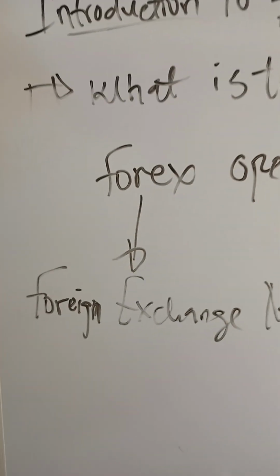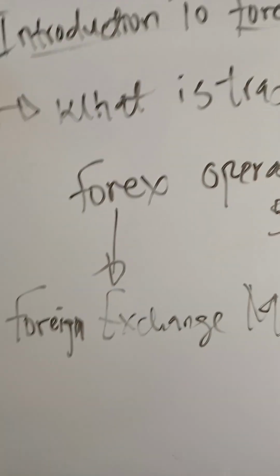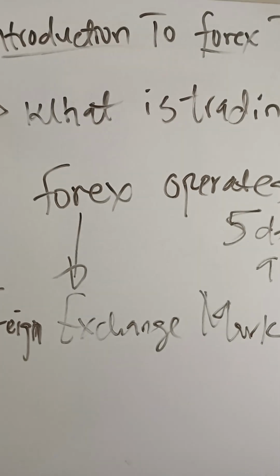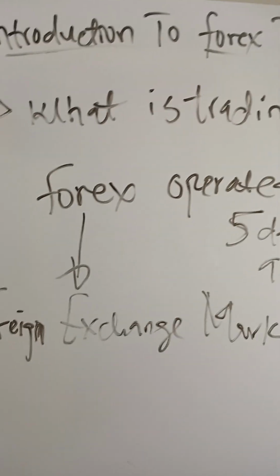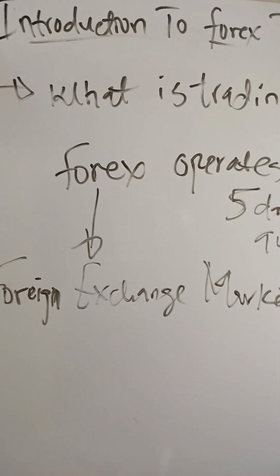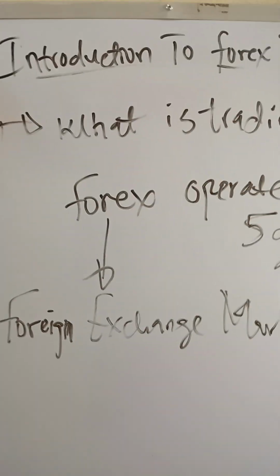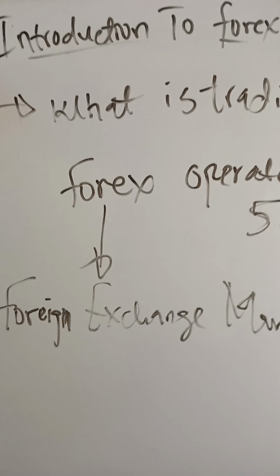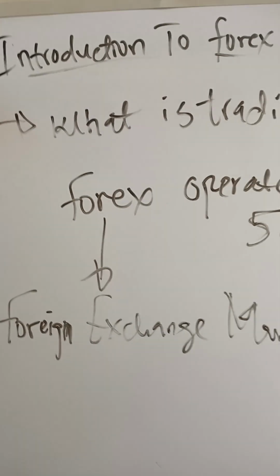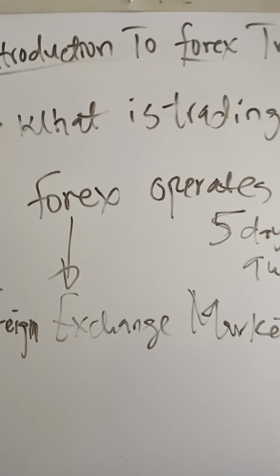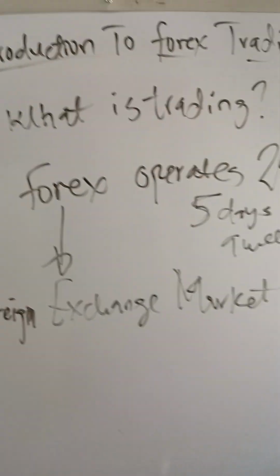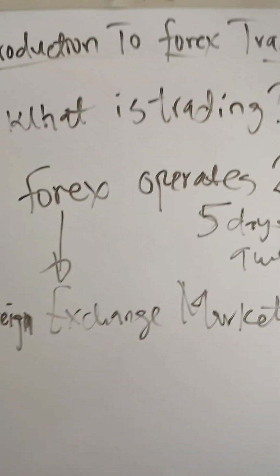Forex is a market where people exchange the currency of a particular country with the currency of another country to do business internationally. I will explain again: the foreign exchange market, or what we know as Forex, is a market where people exchange the currency of one country with the currency of another country to do business internationally.